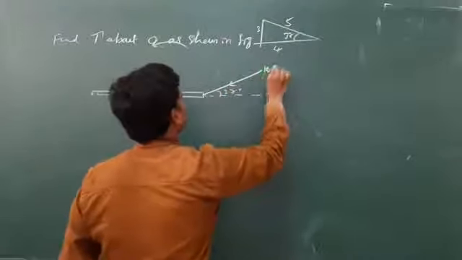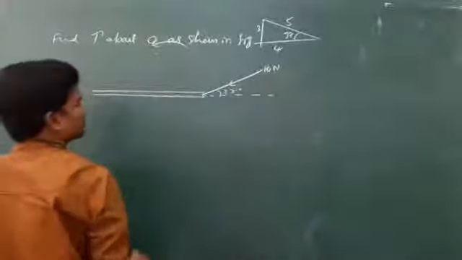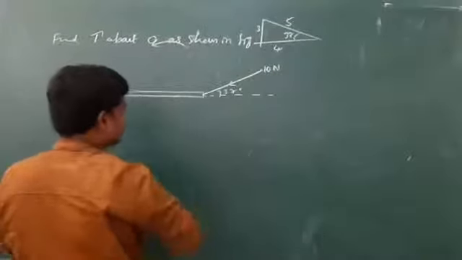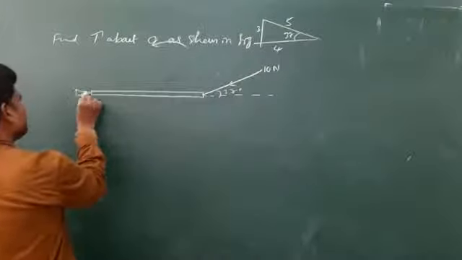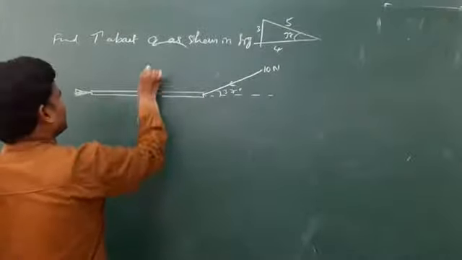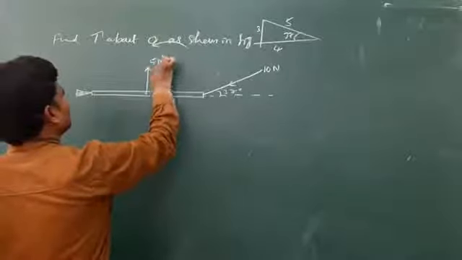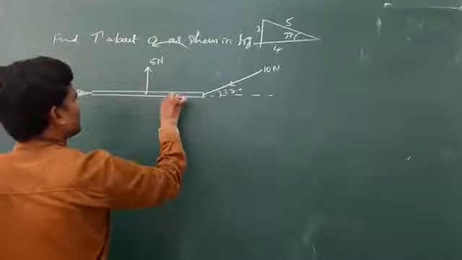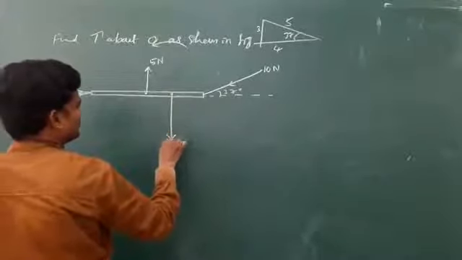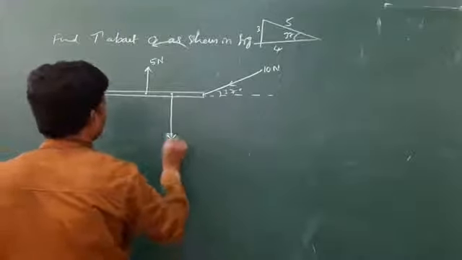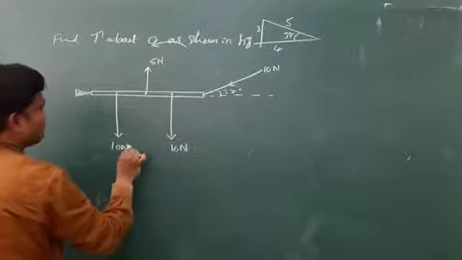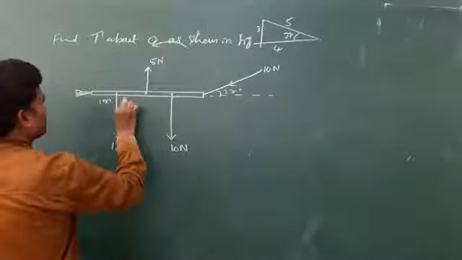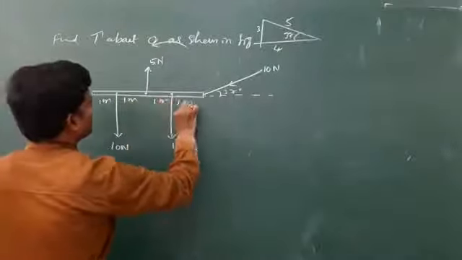Again, this is 10 Newton like the previous problem. This is 5 Newton, this is 10 Newton, and this is 10 Newton. The gap is 1 meter, 1 meter, 1 meter, 1 meter.